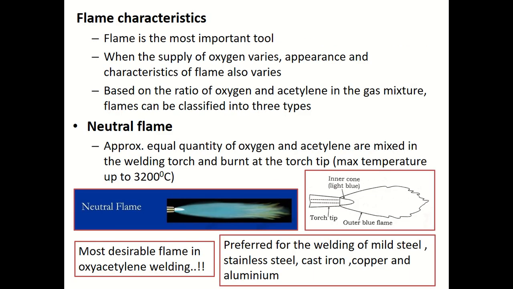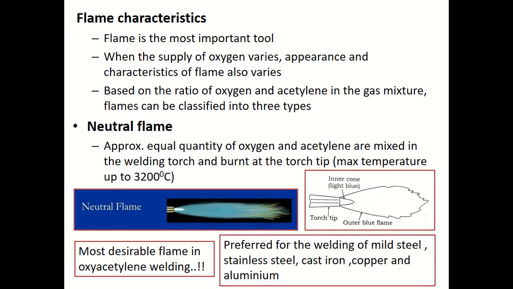What is a neutral flame? Here, for the combustion, approximately equal quantities of oxygen and acetylene are mixed in the welding torch and burned at the torch tip.